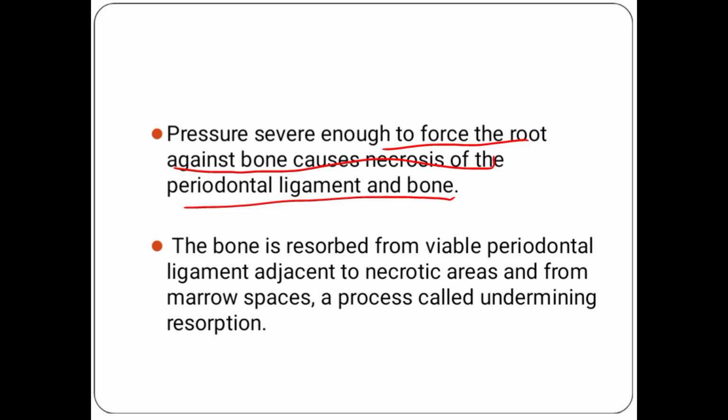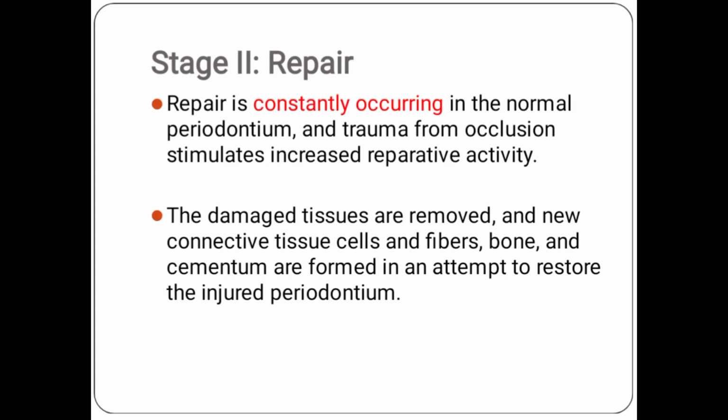The bone is resorbed from the viable periodontal ligament adjacent to the necrotic areas, or from the marrow spaces, in a process called undermining resorption. Undermining resorption is basically the resorption of bone from the viable periodontal ligament adjacent to the necrotic areas or from the marrow spaces.